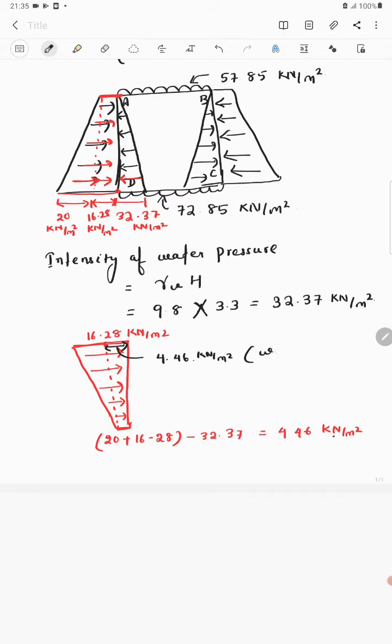Let's take this as W1, and this rest part will be 16.28 minus 4.46, which is equal to 11.82 kilonewton per meter square. Let's take this as W2.